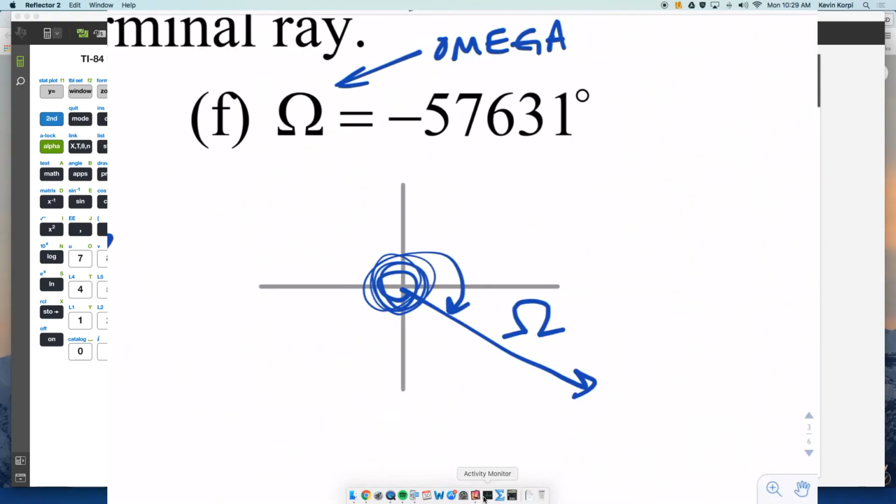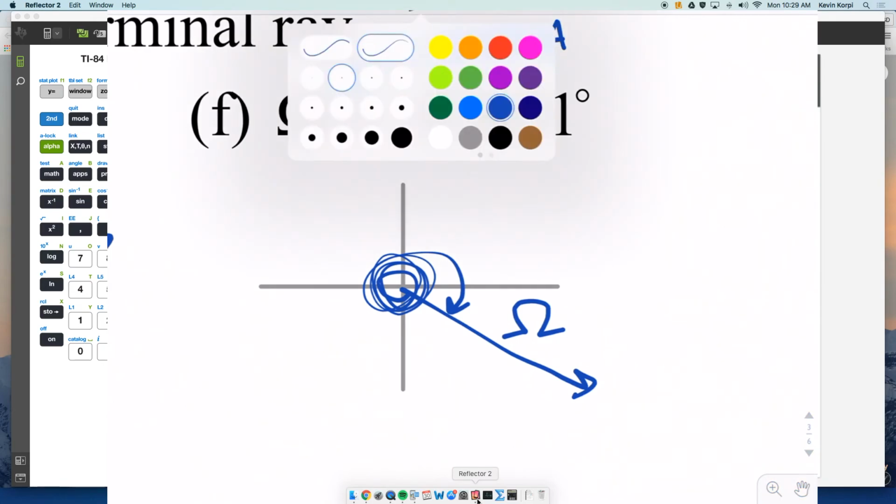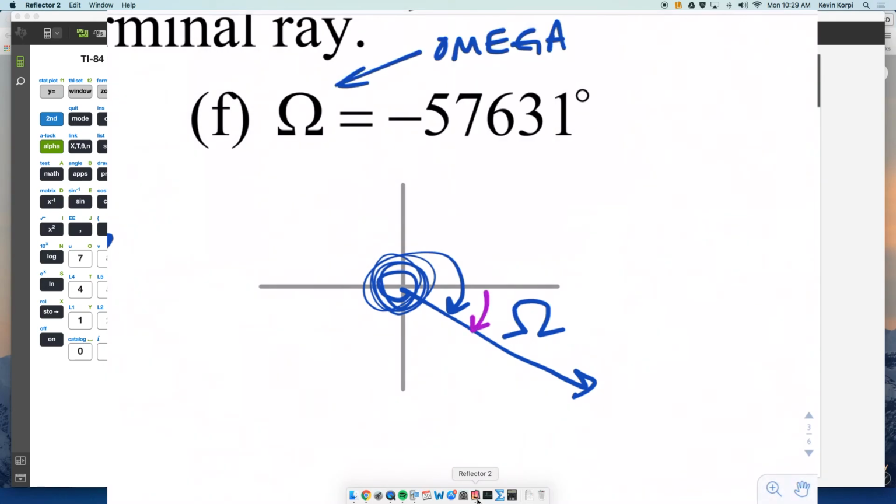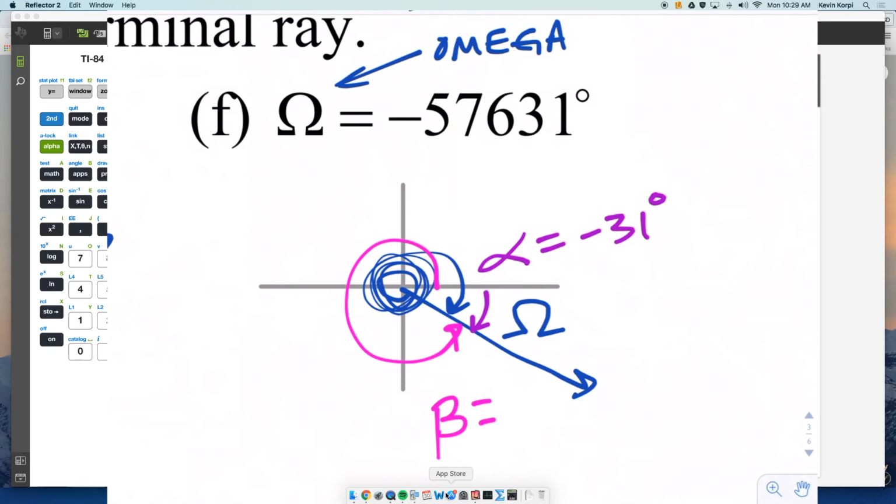But in all honesty, negative 31, in this case, if you're just trying to sketch it, you could figure out that it gets you there by going straight down. So let me call that one negative 31 degrees. And then the other one, let's go straight around over there, and we'll call that one beta. And it was, what, 329?